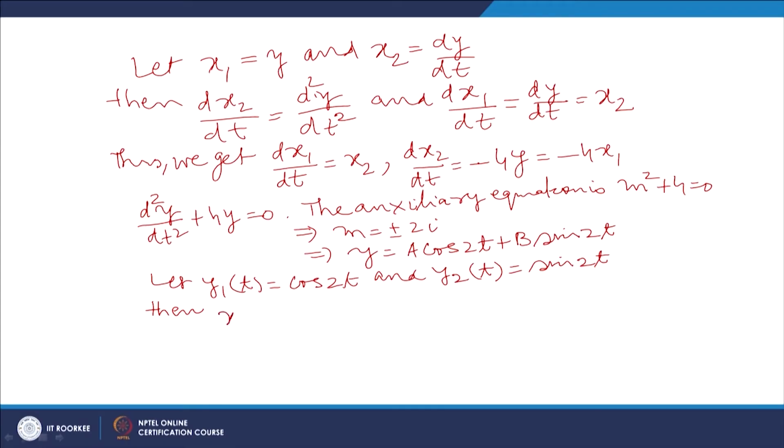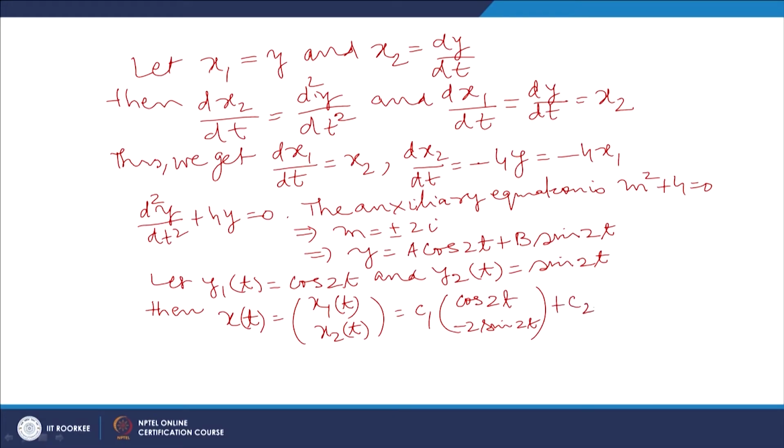So, x(t) is equal to (x1(t), x2(t)) will be equal to some constant c1 times, now let us take x1(t) to be cos 2t, and then its derivative, because x2 is equal to dx1/dt. So, we get minus 2 sin 2t, derivative of cos 2t is minus 2 times sin 2t, plus c2 times.